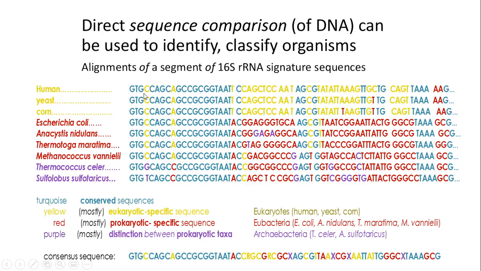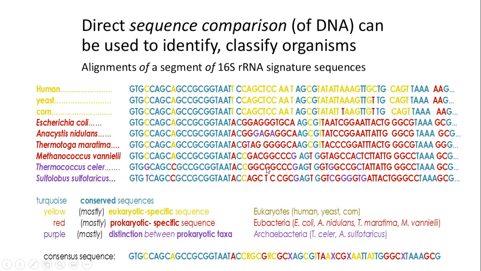Now, everywhere you see yellow here, this means this is more of a eukaryotic-like sequence, even though you see some of these C's here in the prokaryotic kingdom. You've got the eukaryotic having most of these. Now, you can see the red here.